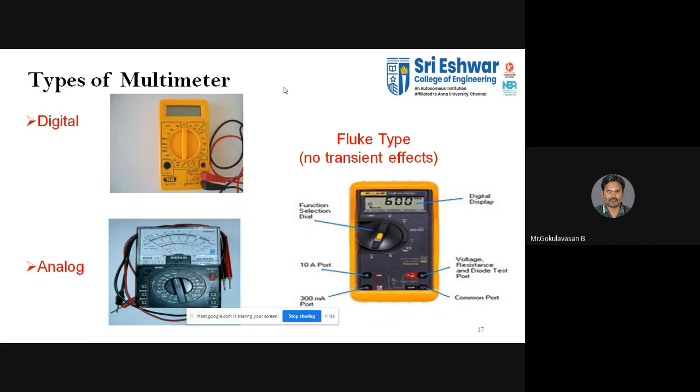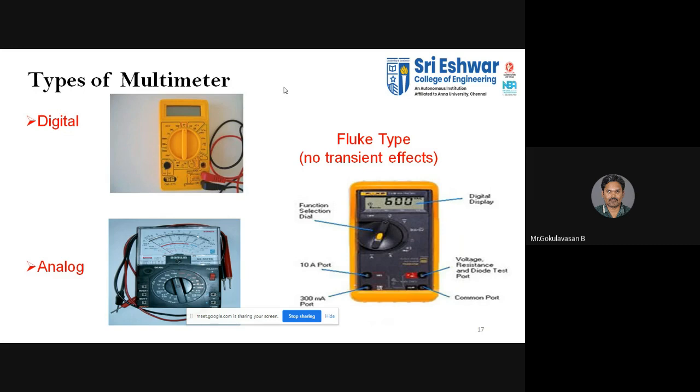Suddenly, if I turn the knob, it will take some microseconds, some fraction of seconds, to display the capacitance value. Am I right? It is quite normal for all devices. It will take some time, some fraction of seconds. That particular fraction of seconds I am going to call transients.